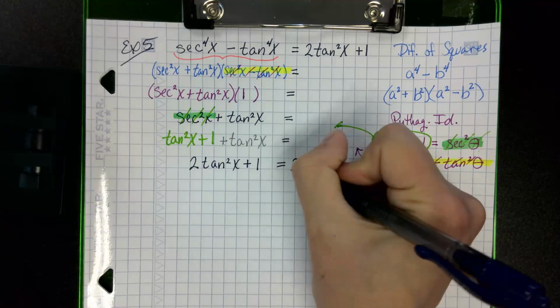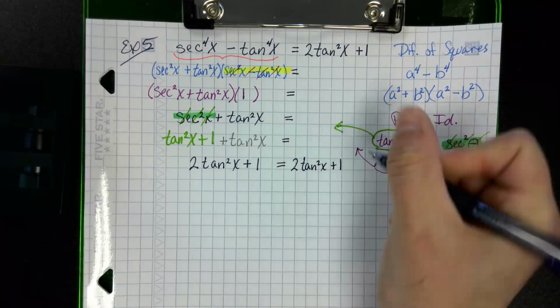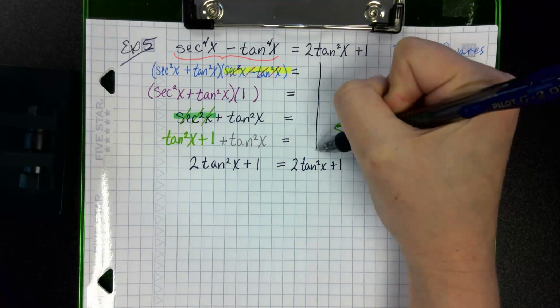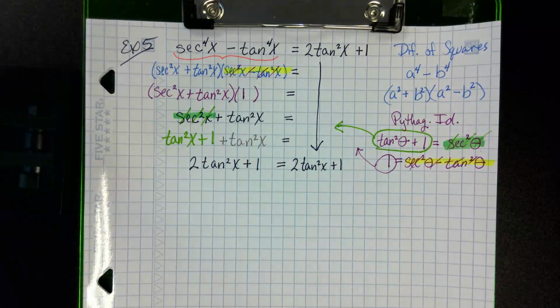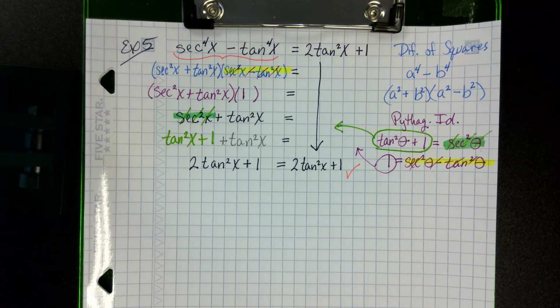So I'm going to write it 2 tangent squared x plus 1. This stayed the same all the way down, and I verified it. Left side matches the right side. So again, I know that one's kind of complicated. It's different. Use some different thought processes there. Trying to get it to match, not necessarily always simplify, but match what's on the right.